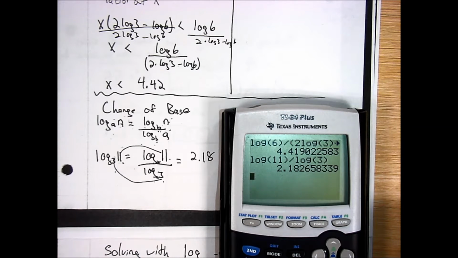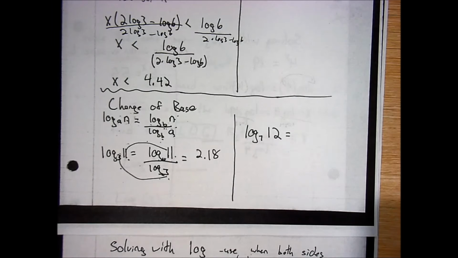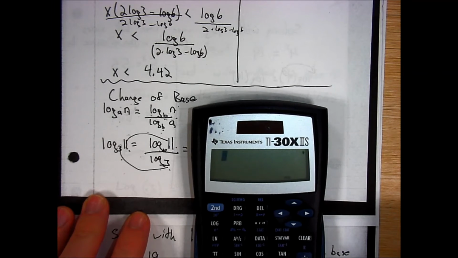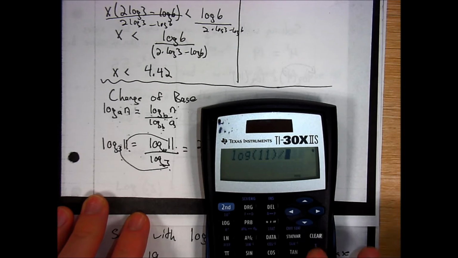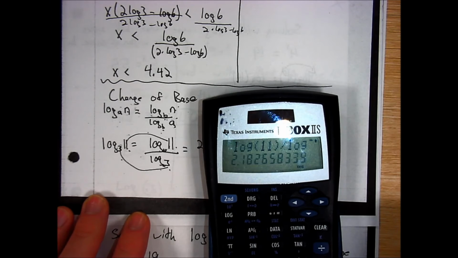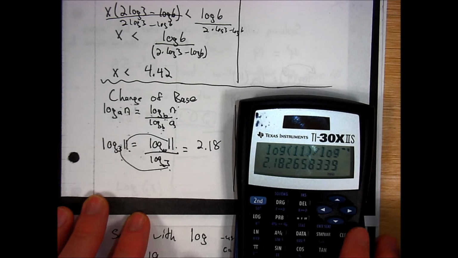Some of you guys have the fancy calculators that can. A lot of you don't. So even using this way, we could type it in with a good old scientific calculator. Right? We could do log of 11 divided by log of 3 and get the same answer, and now everybody's on an equal playing field.